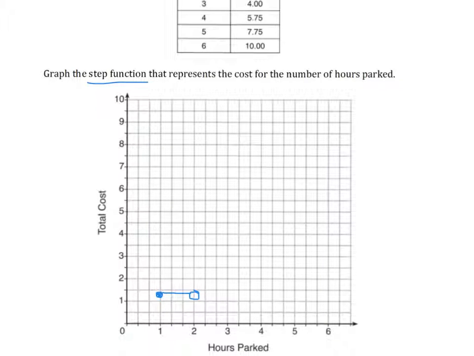Okay, and that should be more halfway in between the 1 and the 1.5 for $1.25. It's just I'm in more of a congested area. Okay, so 2 starts at 2.50. That's going to be a closed dot. I'm going to draw a line all the way out to 3, where 3 would have an open dot.